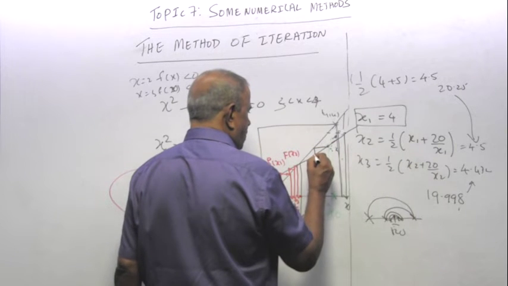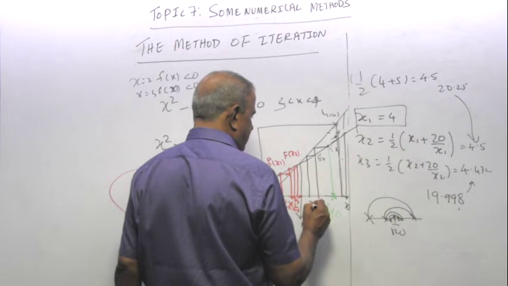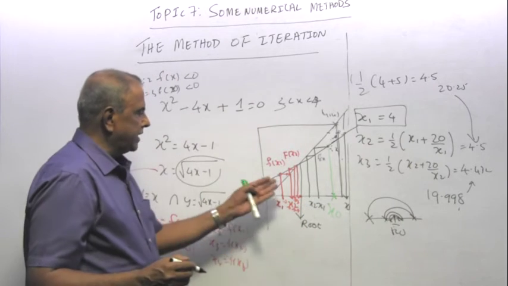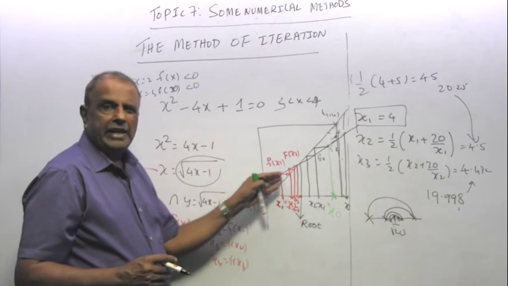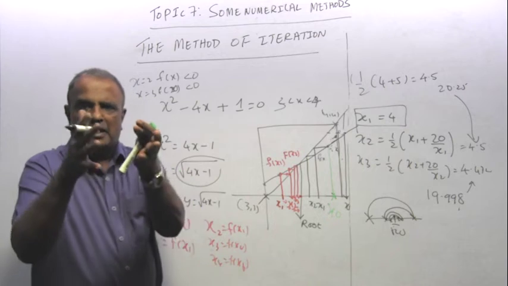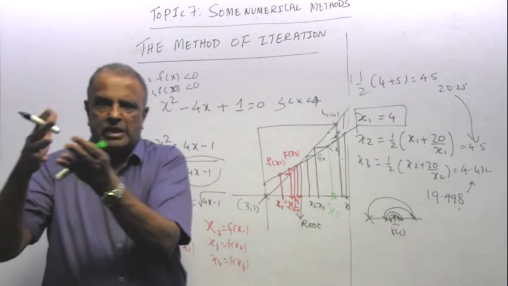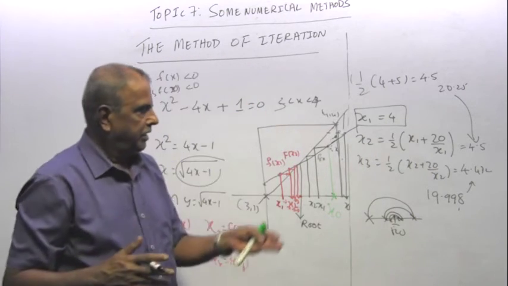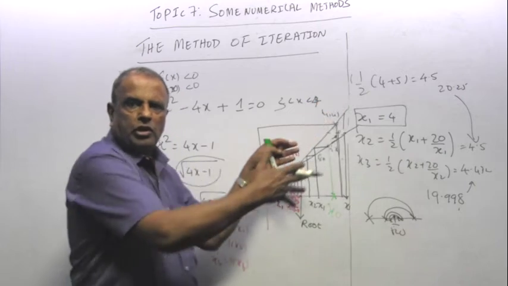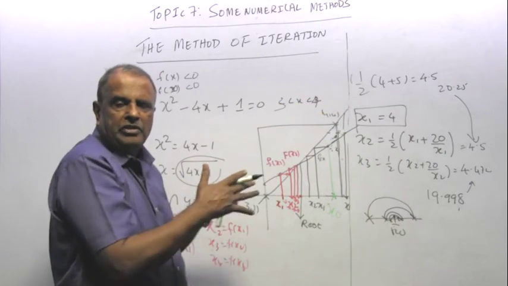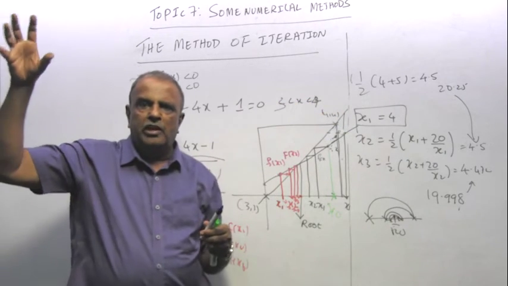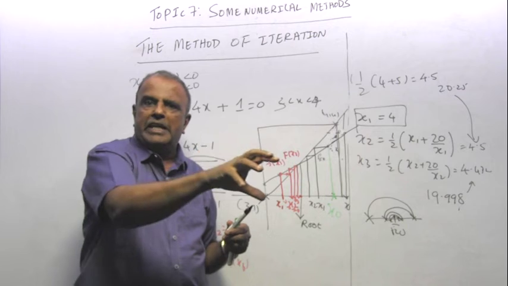If I were to draw a parallel, that is x2. In other words, this is unidirectional convergence. If you take a value less than the root, it converges upwards to the root. If you take a value more than the root, it converges downwards. The values step by step keep coming down towards the root.